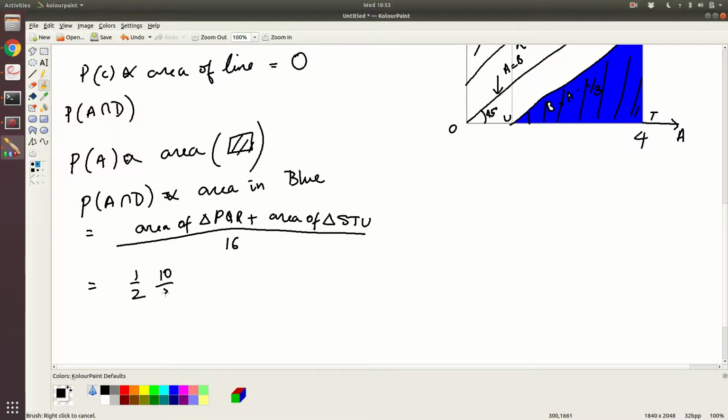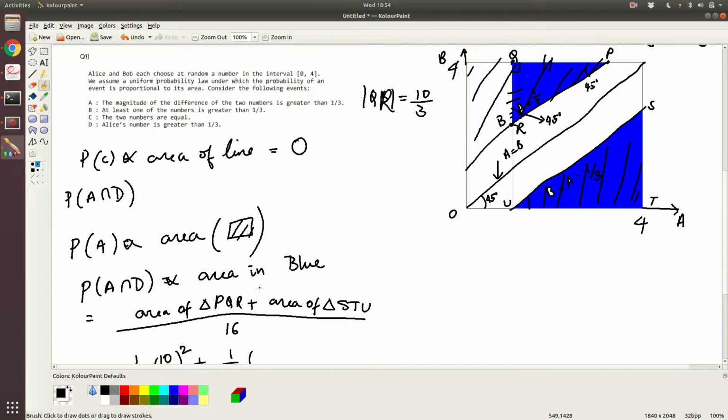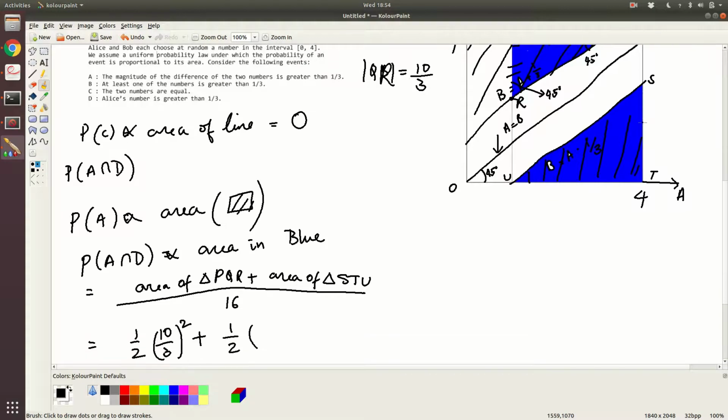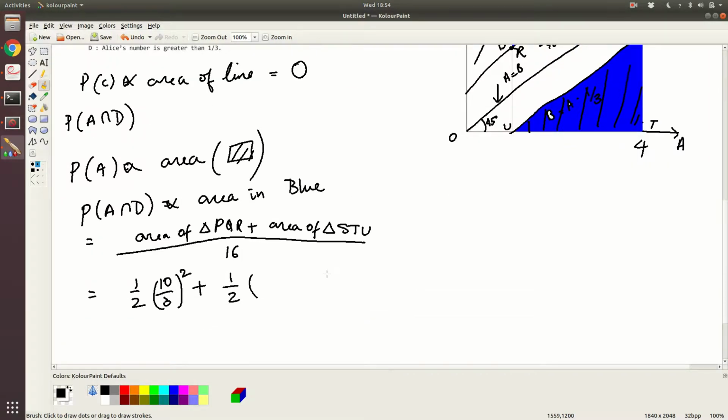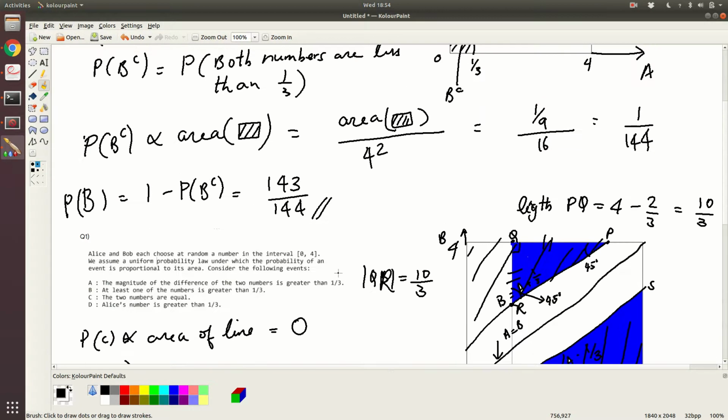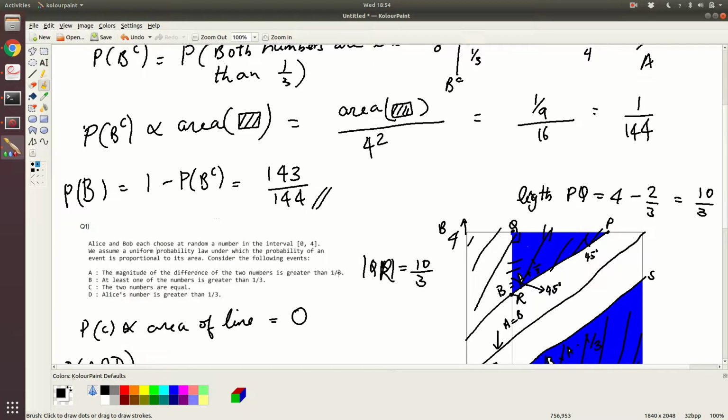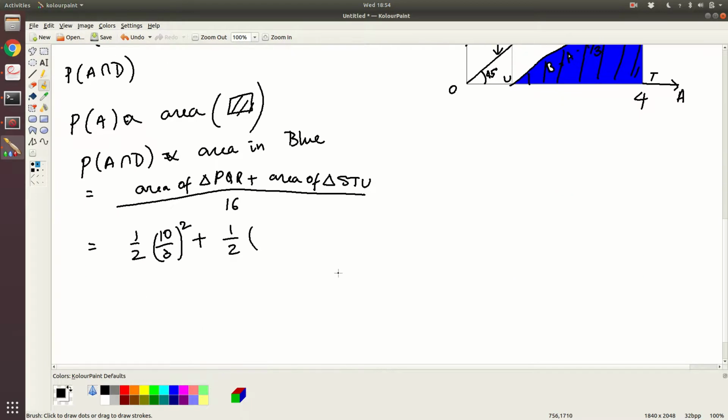So it is 10 by 3 square times half. Again, now the same idea holds, but here the base and height are easy to tell. This is 4 minus 1 by 3. I think I made an error earlier, 4 minus 2 by 3. Yeah, so this is 11 by 3.